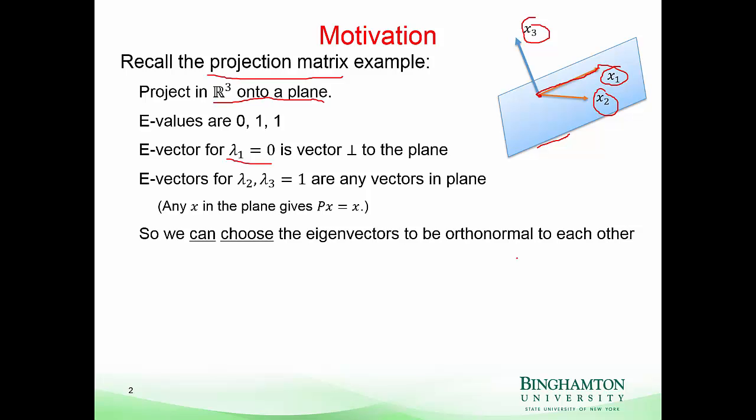But what we can do, and I haven't shown it here, let me clear some of this ink off. We only need to pick 2, right? The geometric multiplicity of this eigenvalue is 2. So it's a 2-dimensional space. We need 2 eigenvectors. So we can pick any one, and that will be orthogonal to x3 since it is orthogonal to the entire plane.